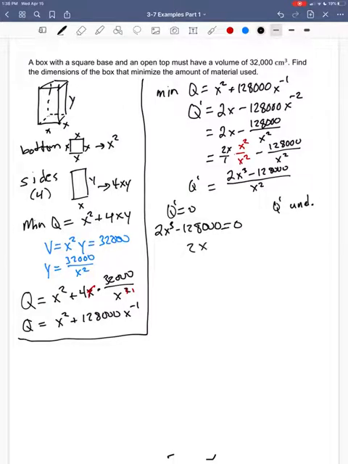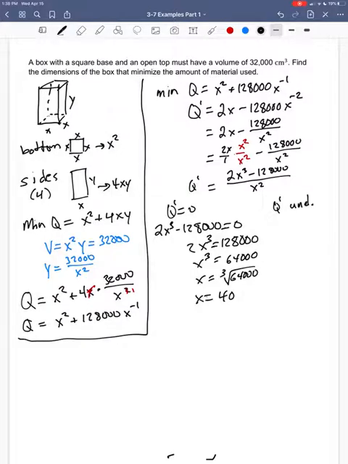So 2x cubed equals 128,000. Divide by 2, x cubed equals 64,000. So then I'm going to get the cube root of 64,000, which is 40. 40 times 40 times 40 will be 64,000.